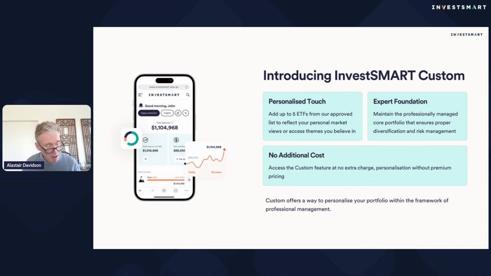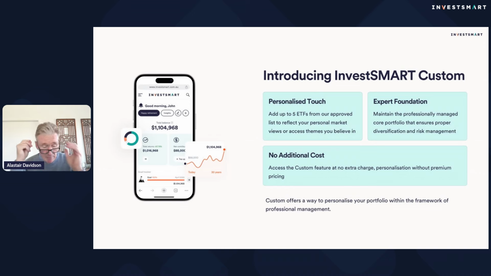The rating process is based on something I talked about earlier, those 5 key criteria that we use to pick the best ETFs. But the custom service now gives you the chance to add something that you think, a theme or an active ETF that you think might outperform, or you just want something that you have a view on.